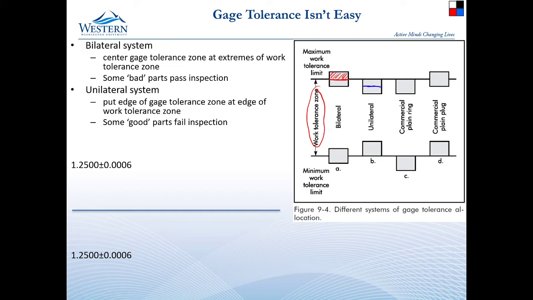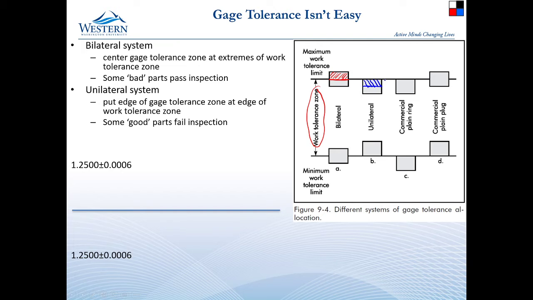Say they happen to hit the nominal value, then all of these items right here, any part that I've made that is between the value that they hit and my actual work tolerance zone, that is a part that I'm going to throw away, even though it is technically within the tolerance zone allowed.